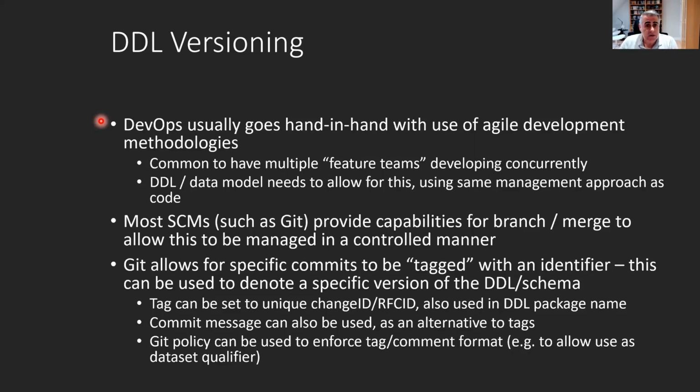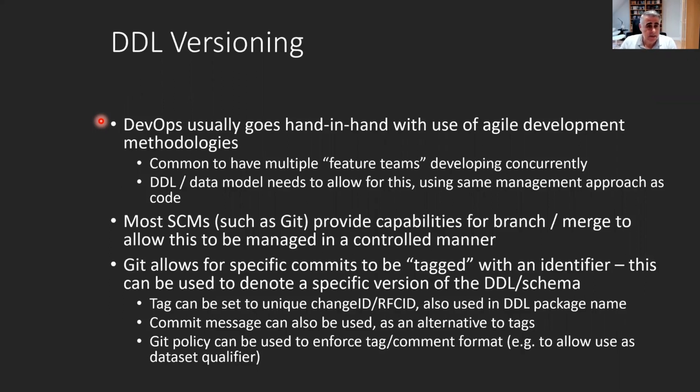Typically that will mean that you're going to have multiple sprints, multiple feature teams developing concurrently. And if those multiple feature teams are changing code which has schema implications, you may well have multiple versions of your DDL schema, which are all being developed concurrently.